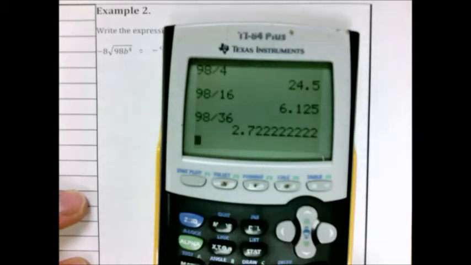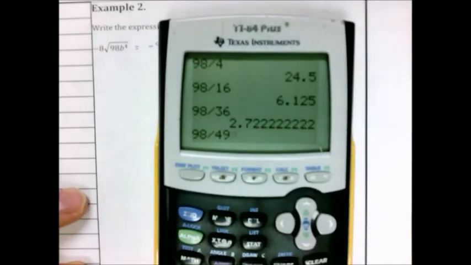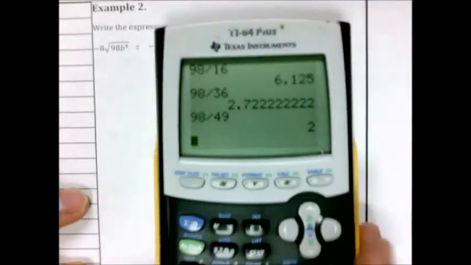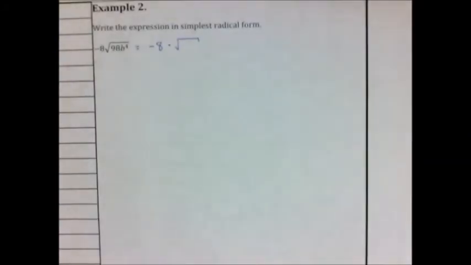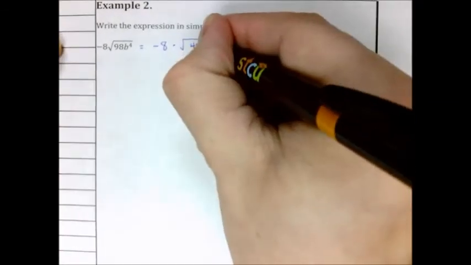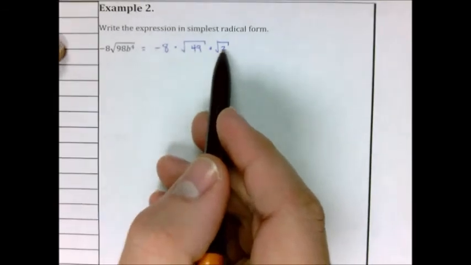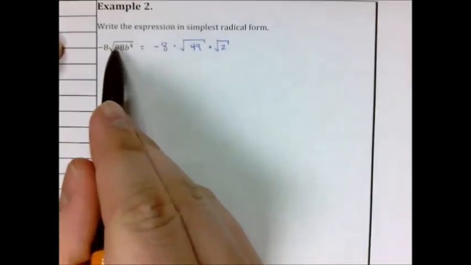The square root of 49, 98 divided by 49. Oh, we see that one works because it goes in twice. 49 is half of 98. So we can use the square root of 49 as our perfect number, okay? Then we multiply that by the square root of 2, because the square root of 49 times 2 is the same as the square root of 98.